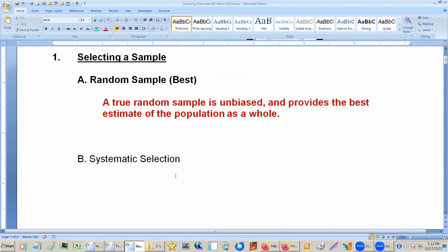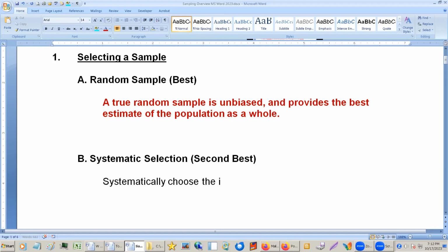The next best, let's say second best, is a systematic selection. A systematic selection, I'll give you an example, it's probably the easiest way to explain it, is that you systematically choose the items.